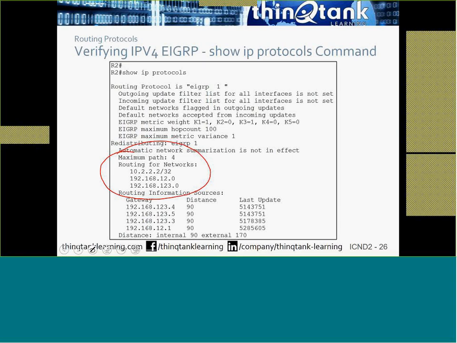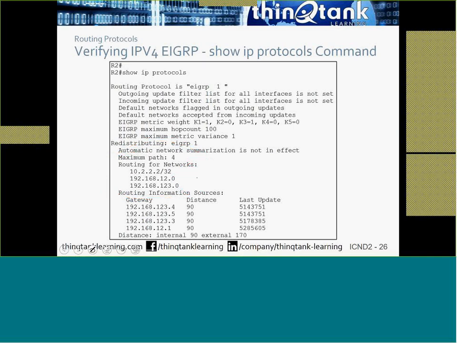Routing for networks is essentially a reflection of the network statements that you put in when you configured your protocol. So I can see in this case I used a couple of classful statements and I used a wildcard mask of 0.0.0.0, because those routing for network outputs directly relate to the network statements that I put in the routing process. It's excellent. It's good stuff.